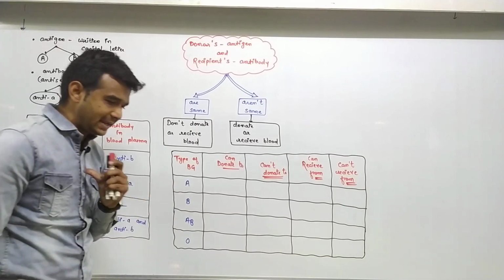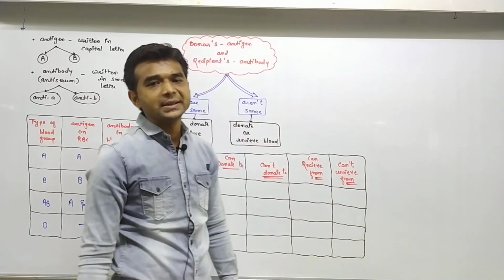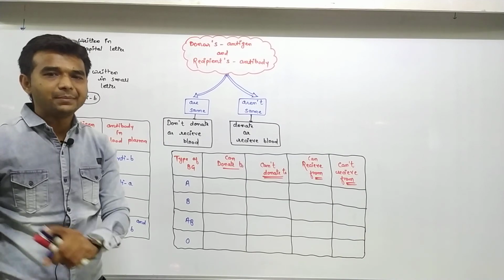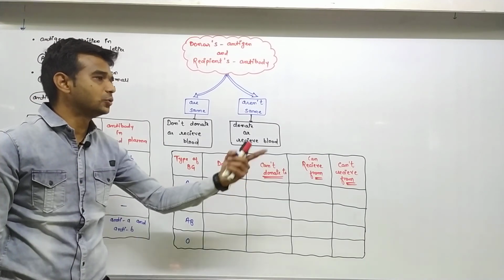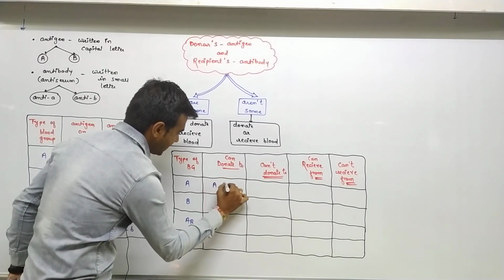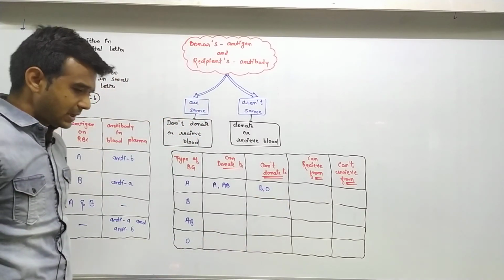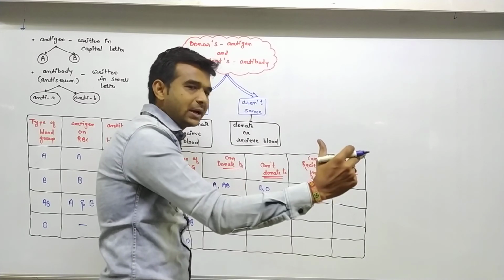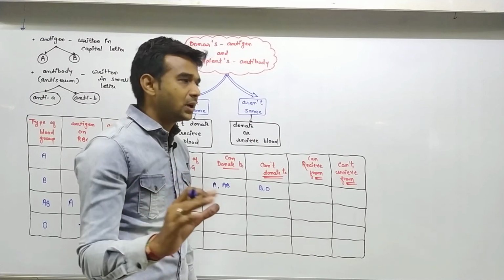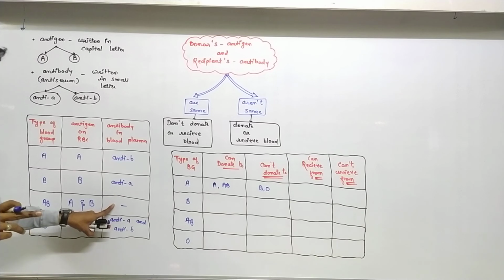A blood group. Suppose I am an A blood group person. In front of me, four persons are there: A, B, AB, and O. Think about it. I can donate the blood to whom? So the answer is A and AB, but not to B or O. Yes, I am an A person, so I can donate the blood to A. But I can give the blood to AB, because AB consists of no antibody.